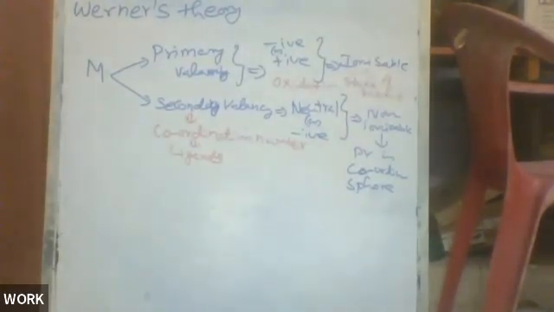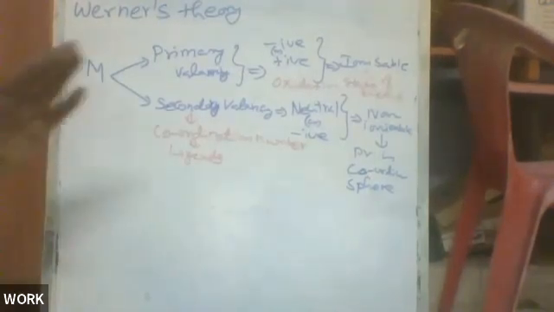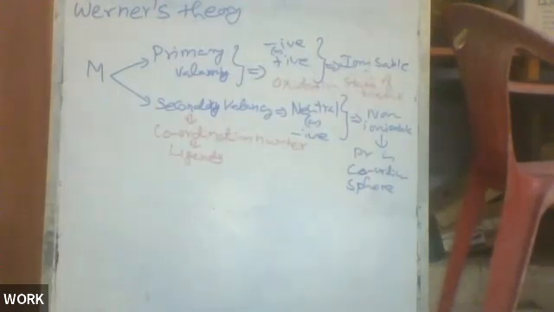Okay, and the primary valencies are non-directional and ionizable. It is equal to the oxidation state of your central metal atom. So it is satisfied by negative ions when the complex is positive. Secondary valencies are directional. What is the meaning of directional?